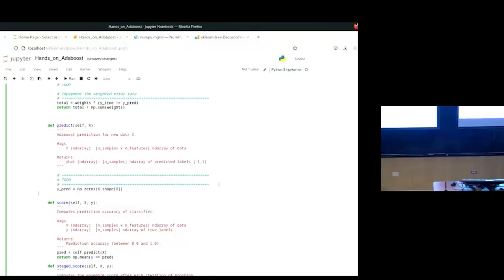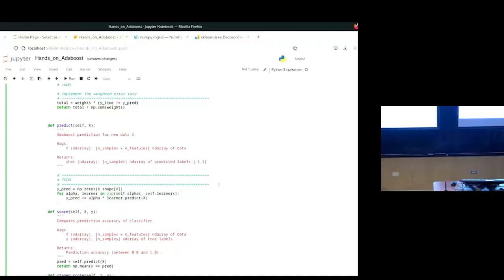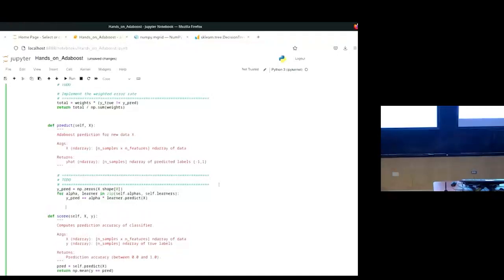And then I can do for alpha, learner in zip(self.alphas, self.learners), y-pred plus equals alpha multiplied by learner.predict(x). The label is going to be just the sign, so I'm going to return np.sign of y-pred.